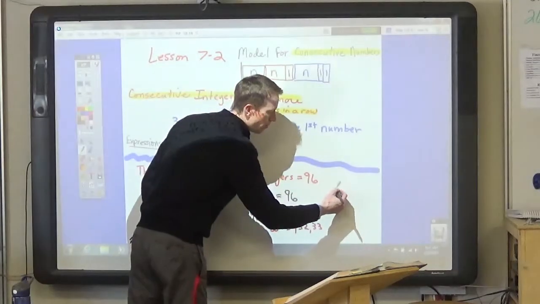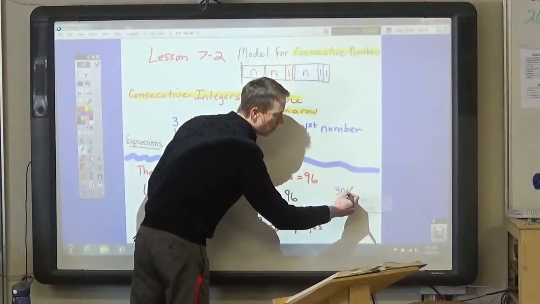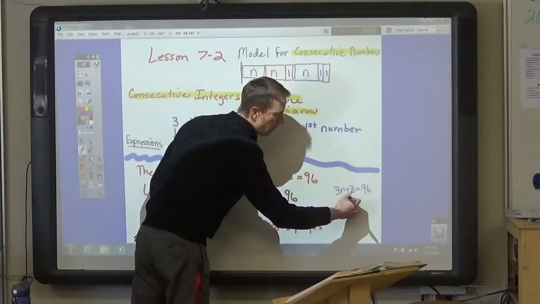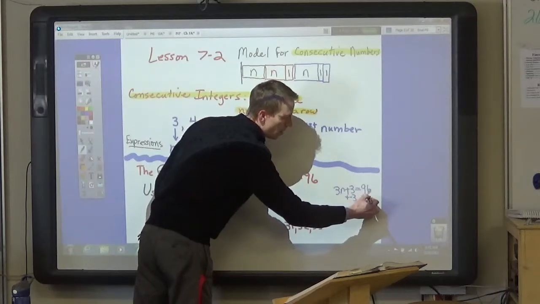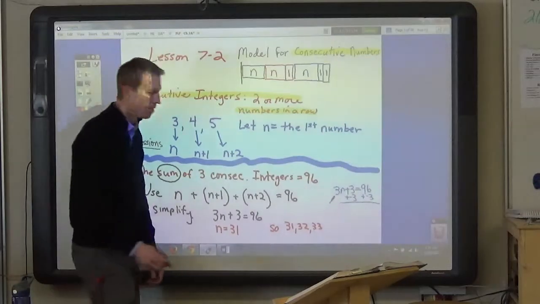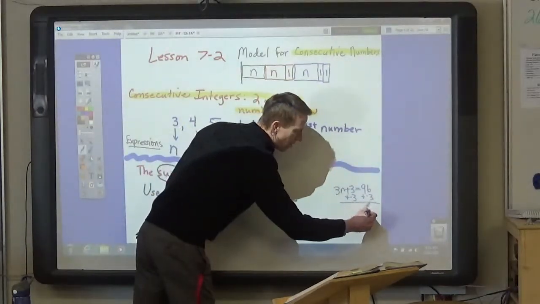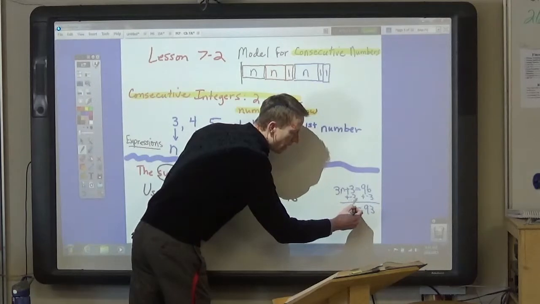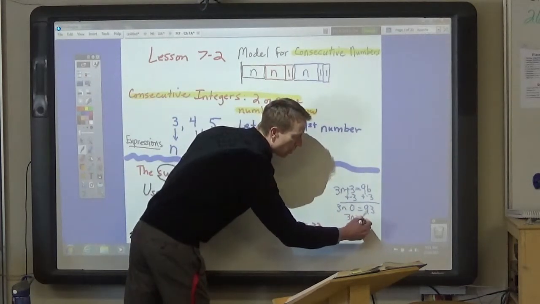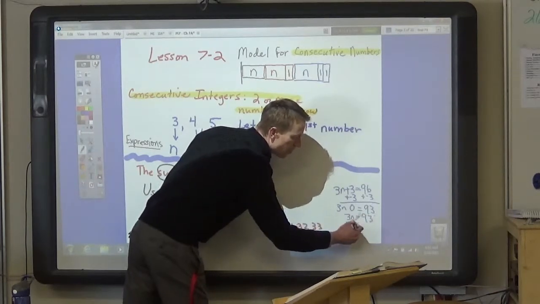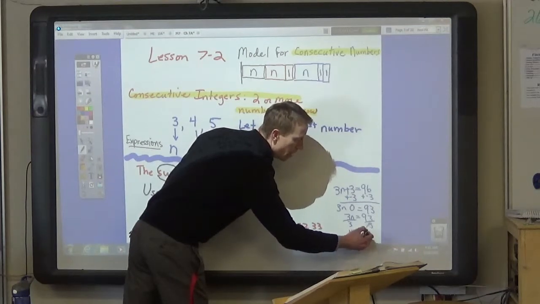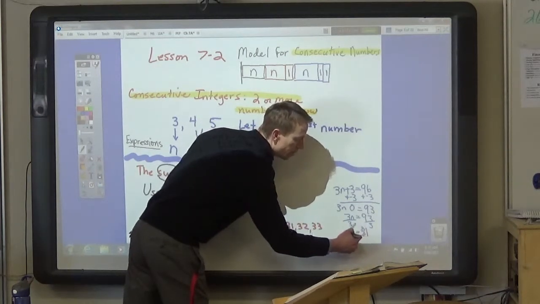So over here, I'll solve it for you. 3n plus 3 equals 96. If we add -3, what's 96 plus -3? Class? 93. And that equals 0 plus 3n. So 3n equals 93. Divide by 3, and n equals 31, doesn't it?